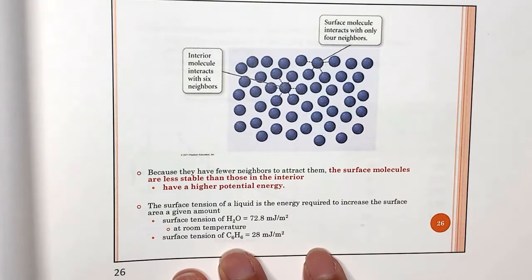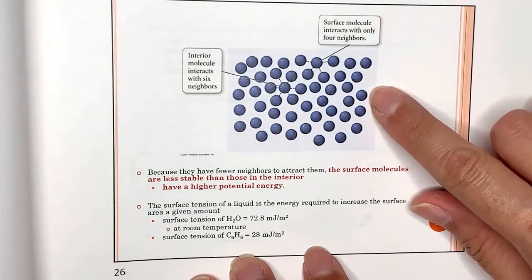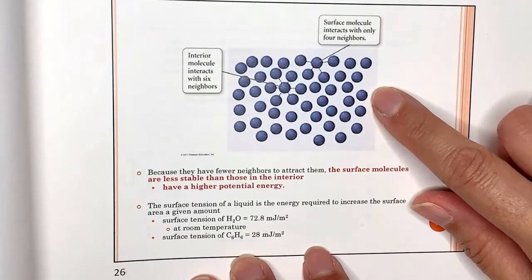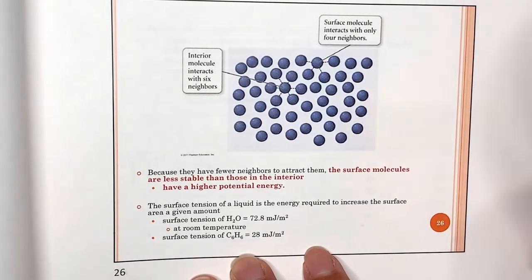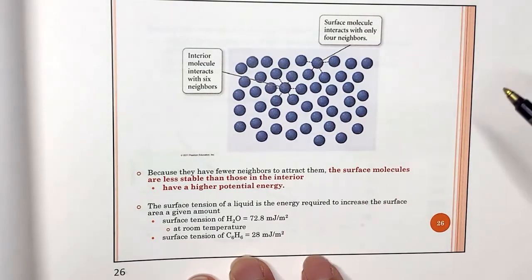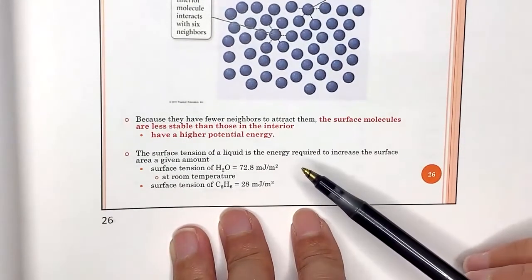So surface tension is basically how much energy you need to increase the surface area, because the tendency is to decrease the surface area. Basically, how much energy do you need to push in to splat that little round droplet of, in this case, water.